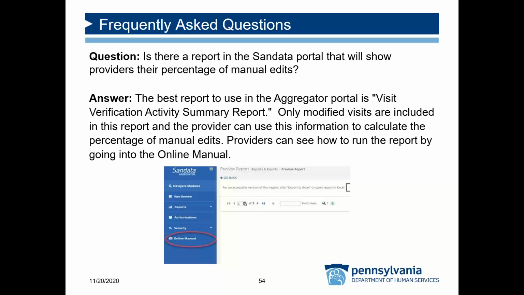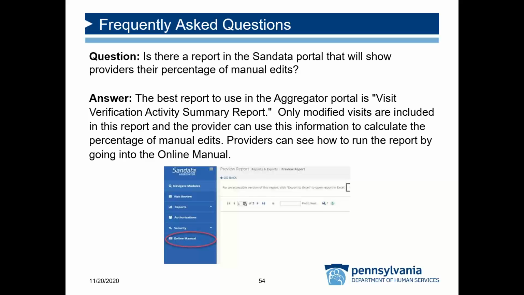So in the ODP OLTL bulletin, there were compliance requirements outlined for manual editing of visit data. It is expected that providers work to achieve at least 50% of EVV visit data without manual edits starting January 1st of 2020.